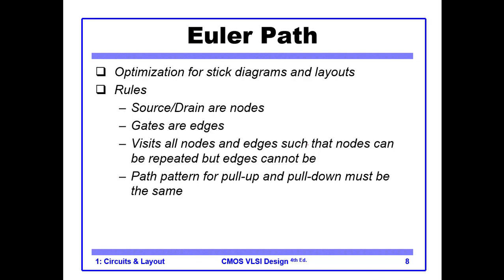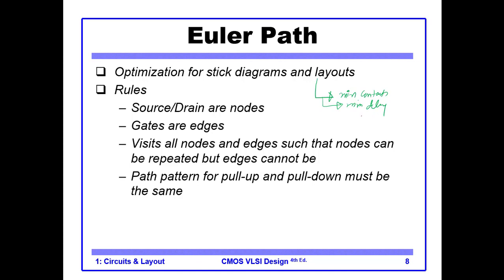It is basically an optimization for stick diagrams, or for that matter layouts, because a stick diagram is a simplified model of a layout. And why do we need this Euler path? Because the Euler path can give us a layout which has, let's say, minimum contacts, which translates to, let's say, minimum delay.